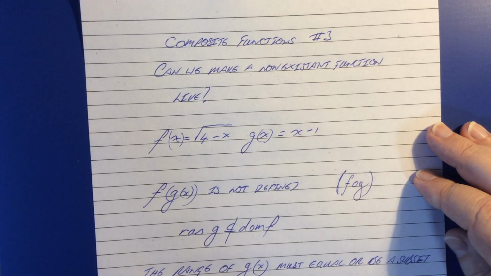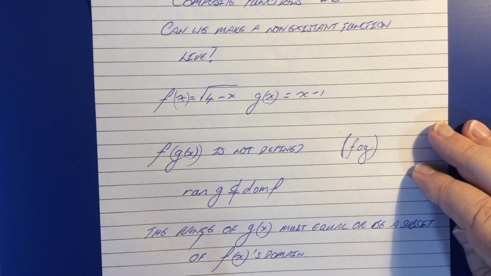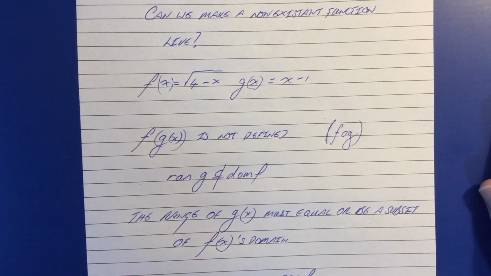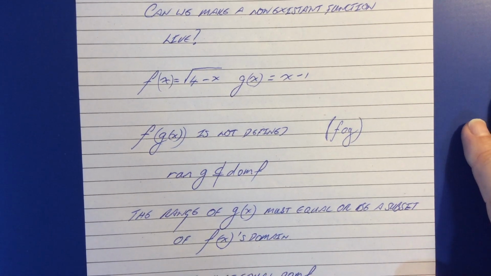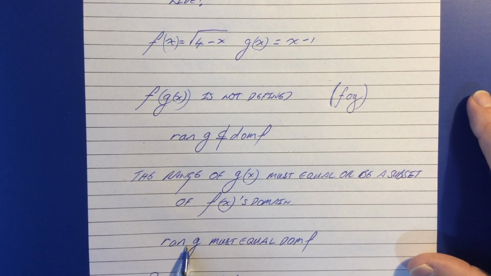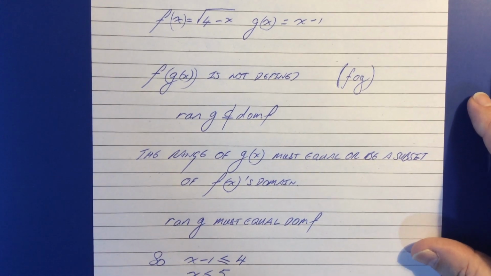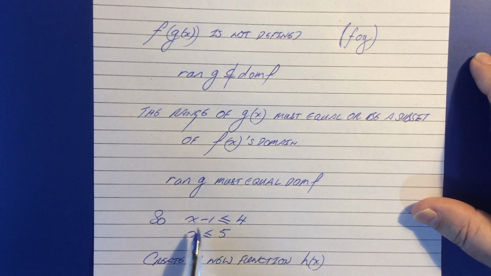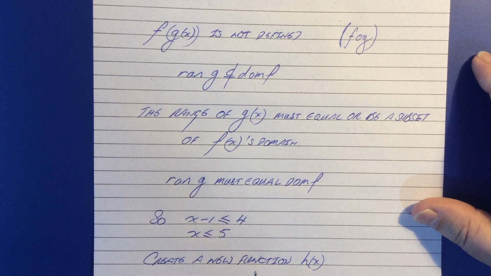So what must we do? Well, we must consider the rule, which I have written out in English here. The range of g of x must equal or be a subset of f of x's domain. So just to drive this point home, the range of g must equal the domain of f at the very least. So what we have then is this very simple little inequality here.